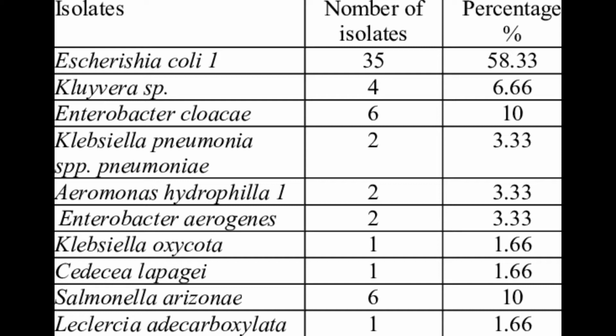So we're going to start with the E. cloacae, in which the lysine decarboxylase is negative, while the ornithine decarboxylase is positive in Enterobacter cloacae. In Enterobacter aerogenes, the lysine decarboxylase is positive.